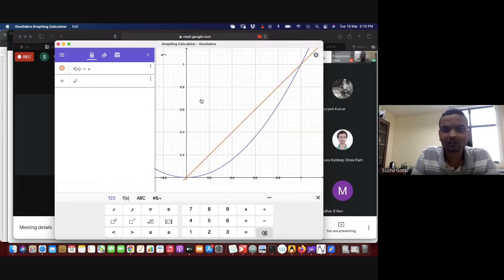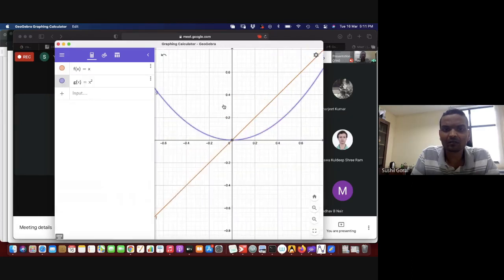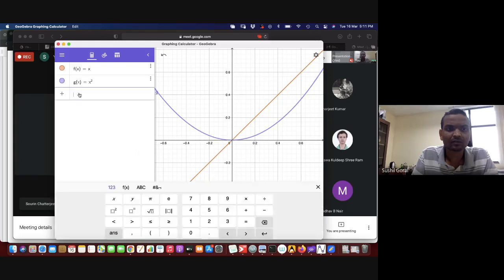You see here the x-axis becomes tangent, and both sides go upward.